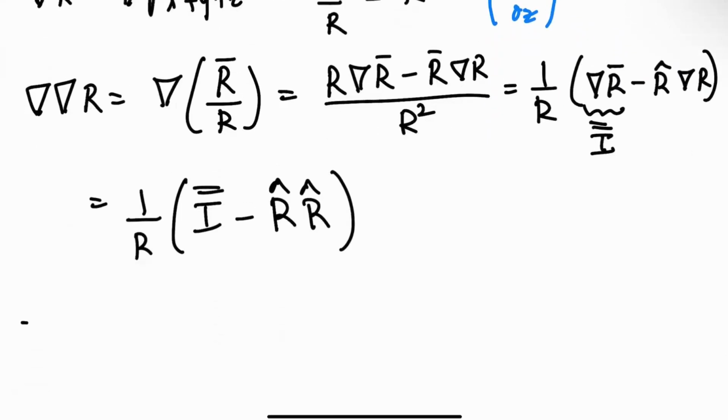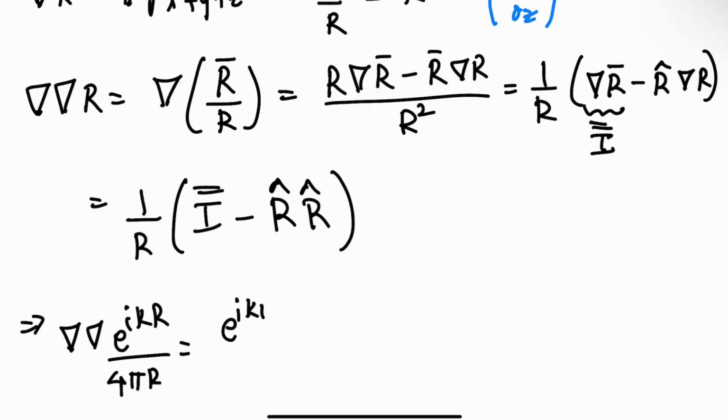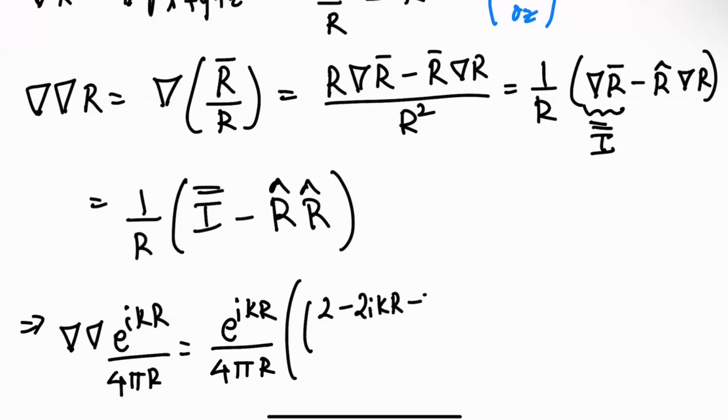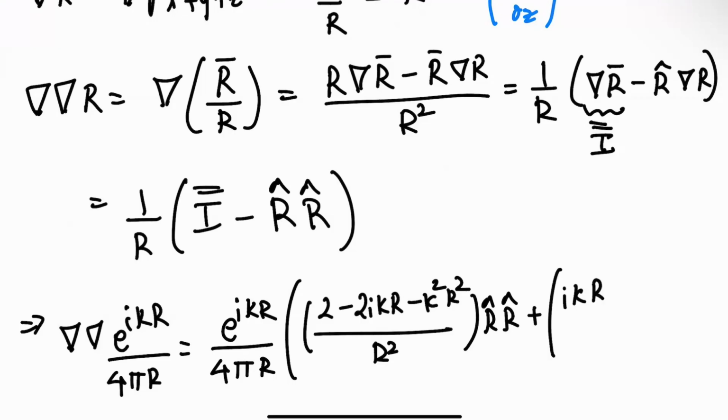And that gives us that the gradient of e to the ikr over 4 pi r is e to the ikr over 4 pi r times (2 minus 2ikr minus k squared r squared over r squared) r hat plus (ikr squared minus r over r squared) times (identity minus r hat) over r.